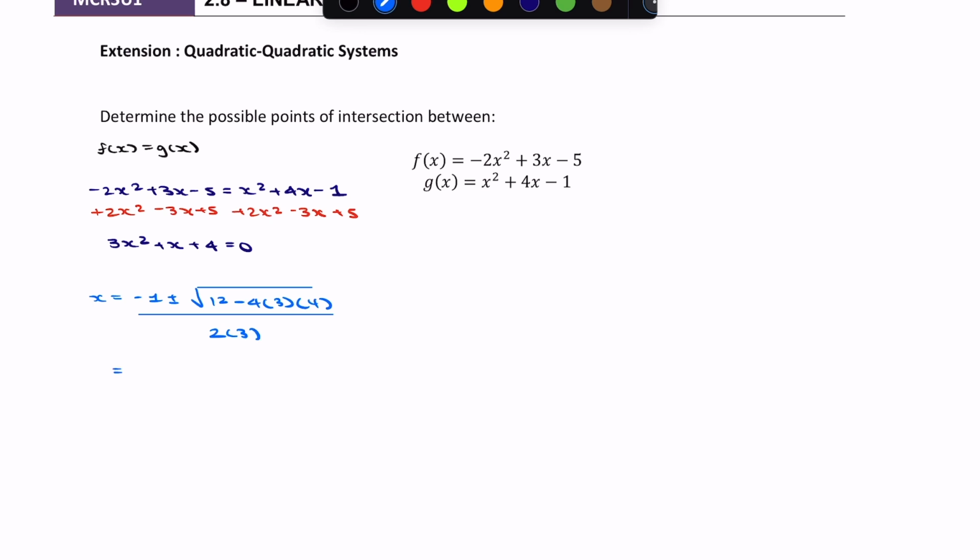Here we'll get negative 1 plus or minus the square root of negative 41, over 6. Now what we notice is that the value under the square root is negative, and therefore there is no point of intersection. Here, really, b squared minus 4ac, or the discriminant, is less than 0.